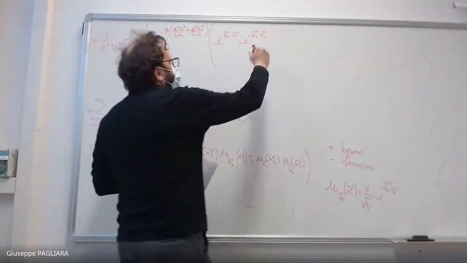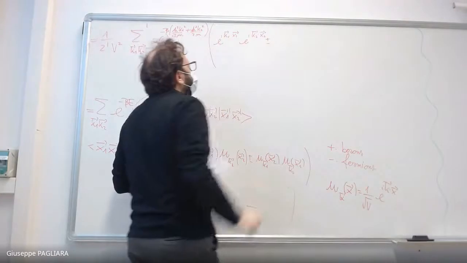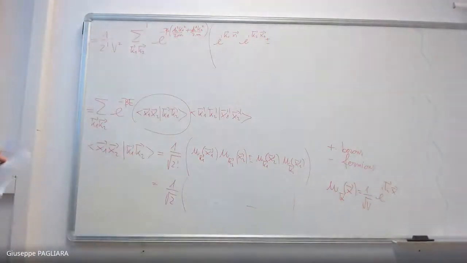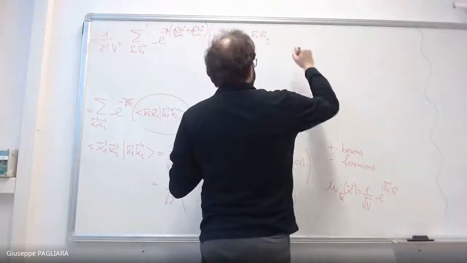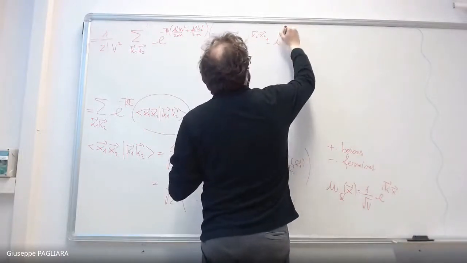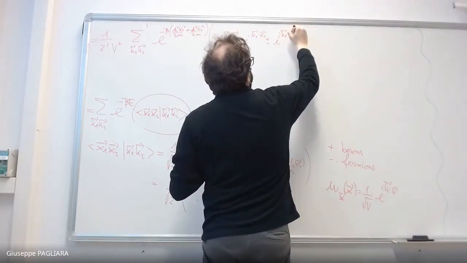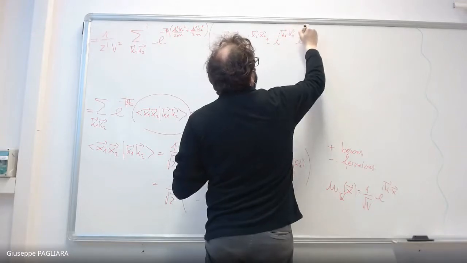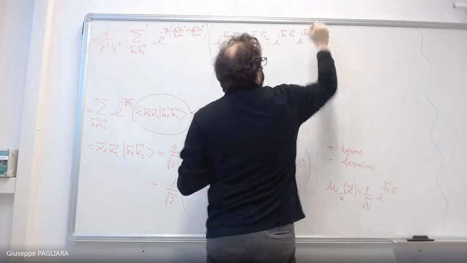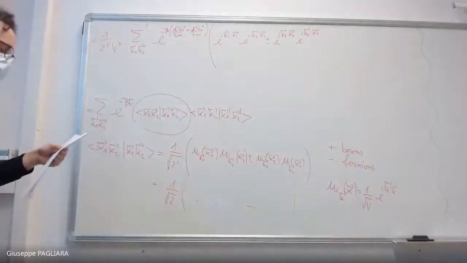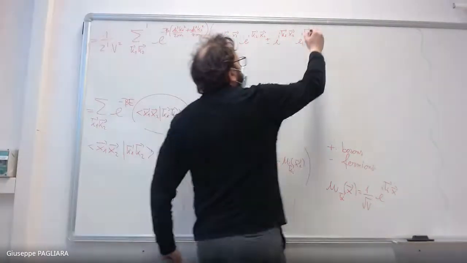Then I have a plus minus. I have to introduce this term here, e to the i K1 scalar x2 and e to the i K2 scalar x1. Let me check if this is correct. Yes.